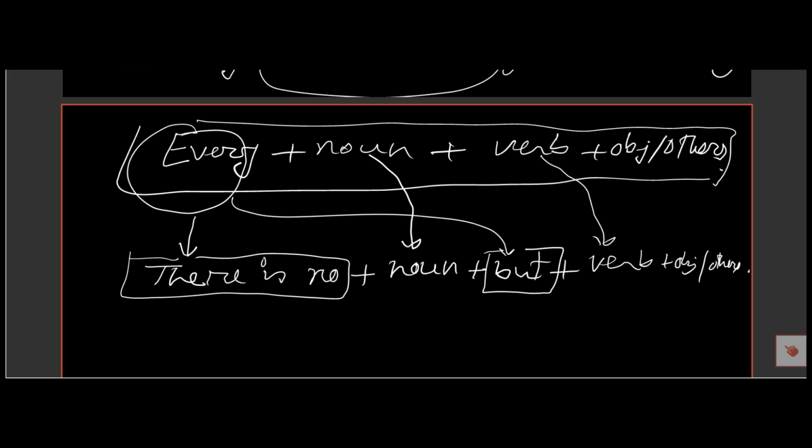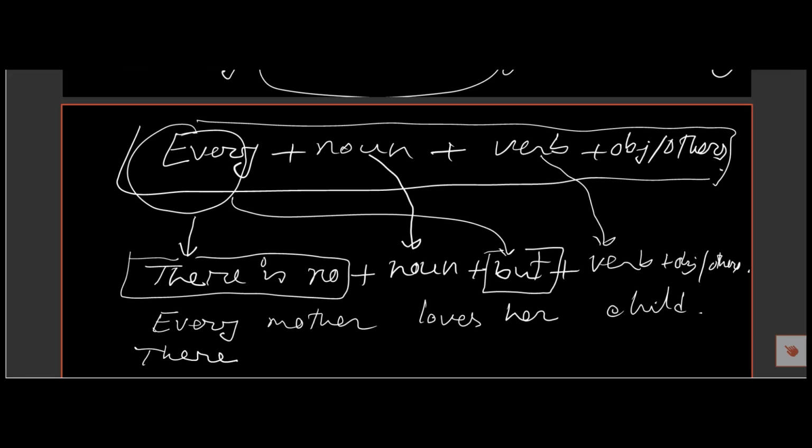And now let's see an example. Every mother loves her child. So here is every; instead of every we must use there is no, mother, and mother is a noun, so after the noun there must be a but.